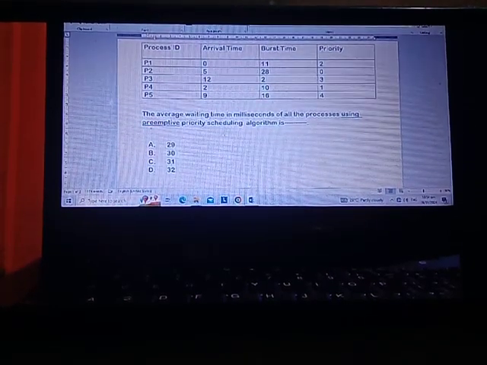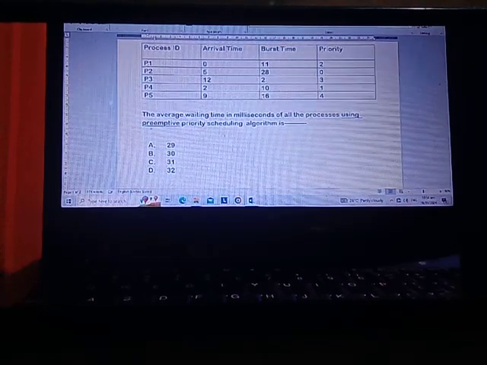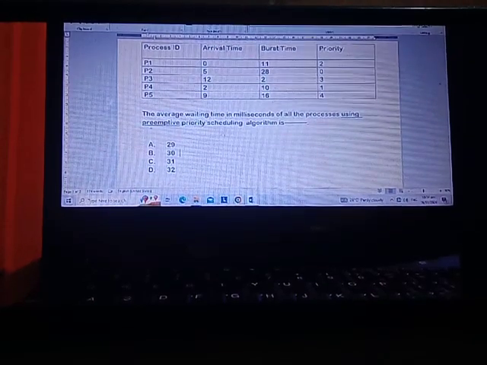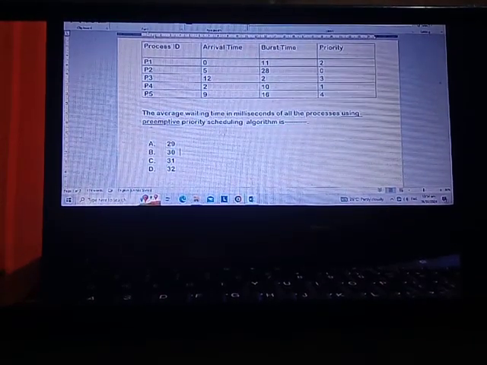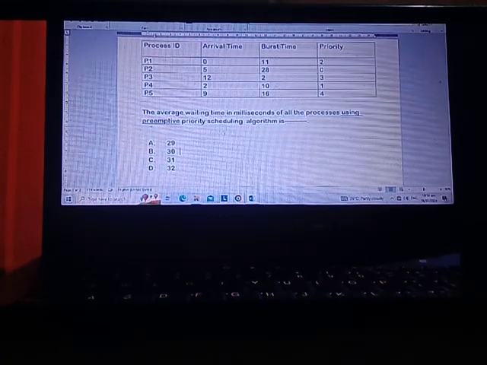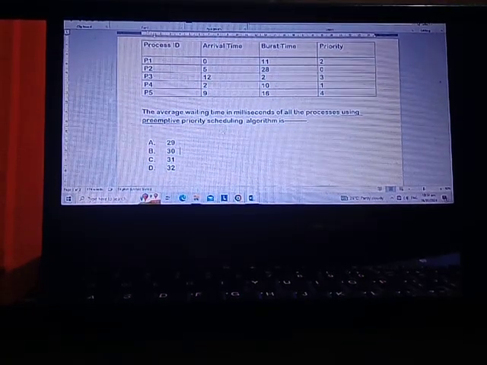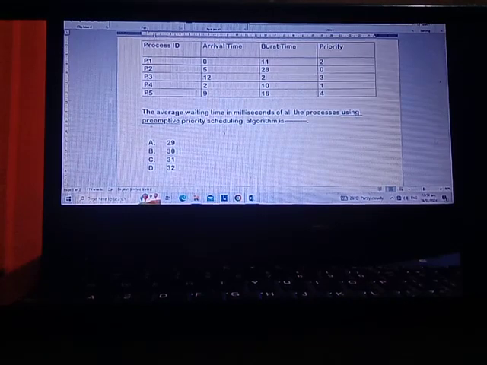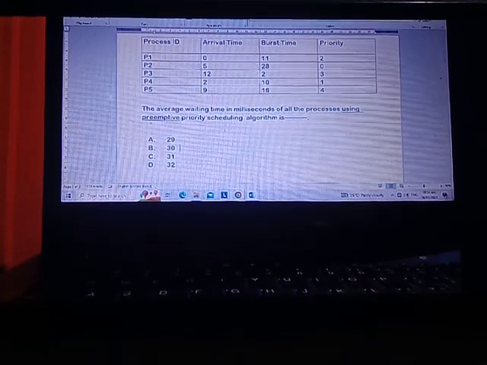So there was a simple rule that we have followed, and keeping that in mind, we have formed this Gantt chart.